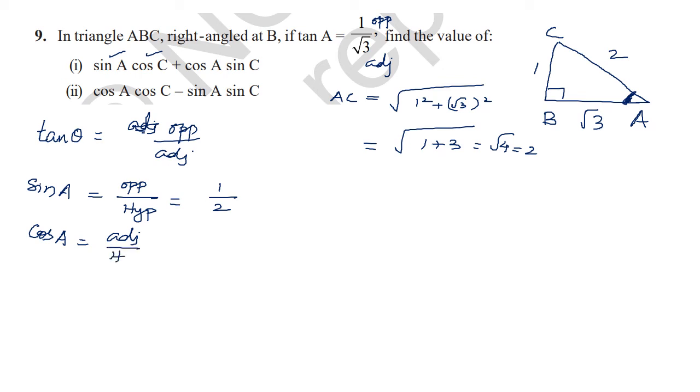Cos A will be adjacent by hypotenuse. What is cos A? Root 3 by 2. Now I am taking cos C. Adjacent by hypotenuse will be 1 by 2. And what about sin C?